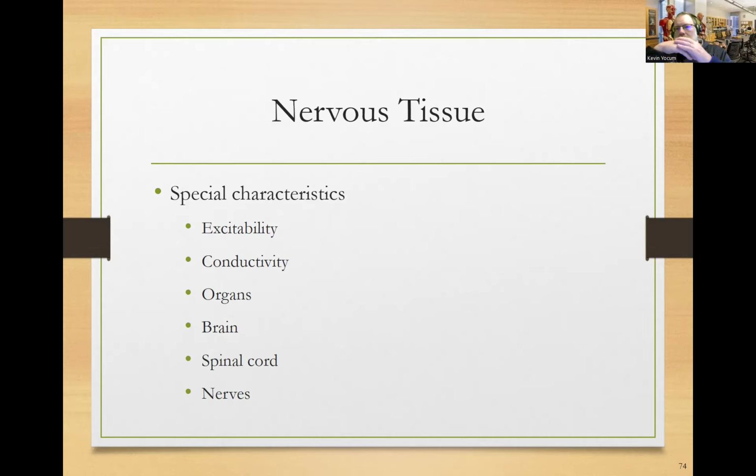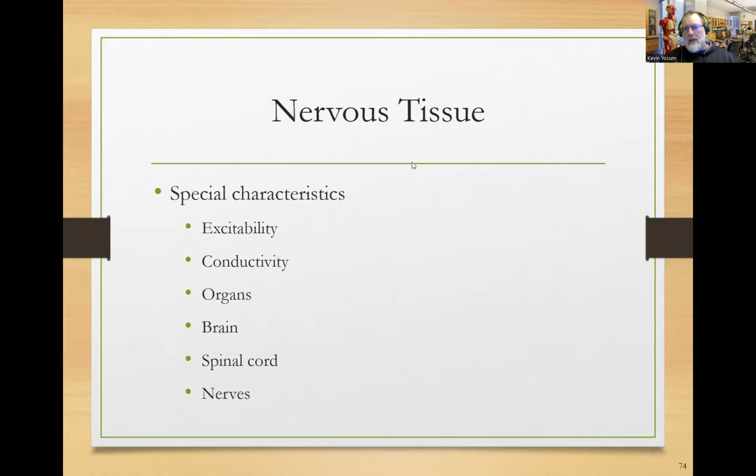So if it's the skin, we have the epidermis, then the dermis, then the hypodermis, and then we get to skeletal muscle. So muscle is the next layer after connective tissue typically.